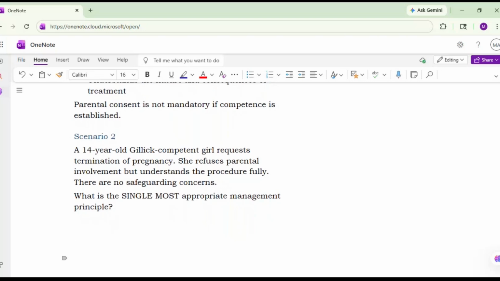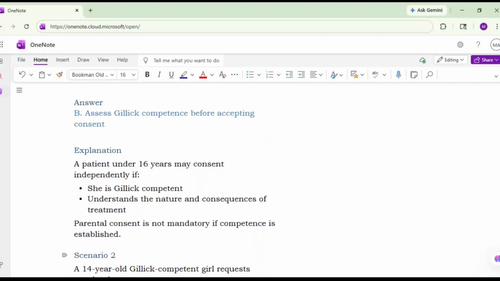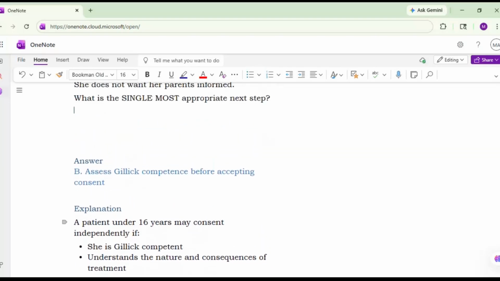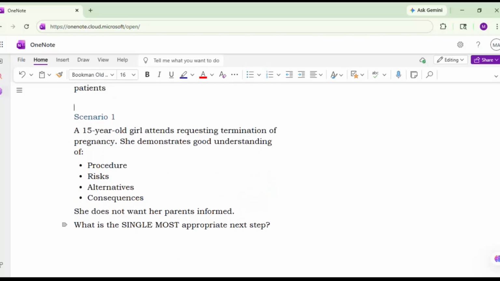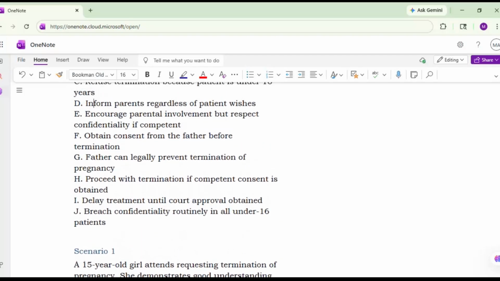She refuses parental involvement but understands the procedure fully. There are no safeguarding issues. What is the single most appropriate management principle? This is also like that, but the age is 14, and here they have mentioned she is Gillick competent. That means competency is established, we don't have to assess now.